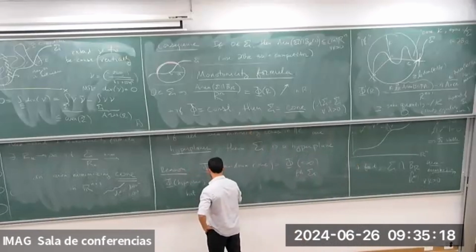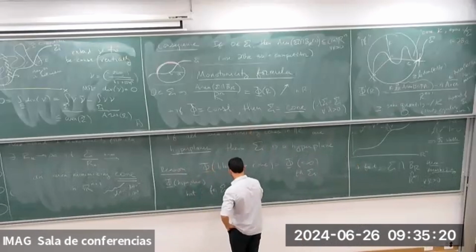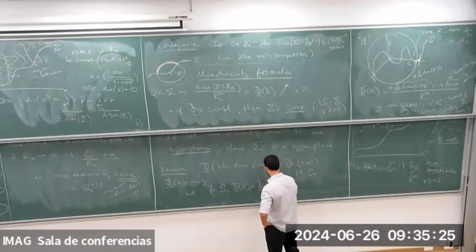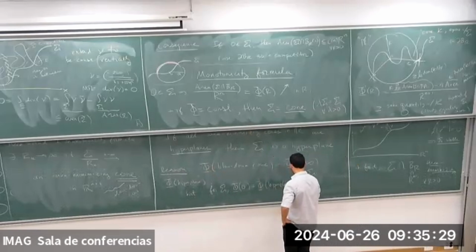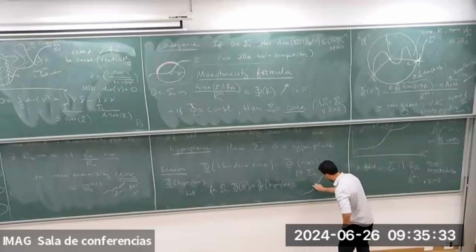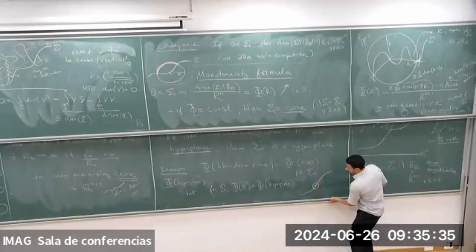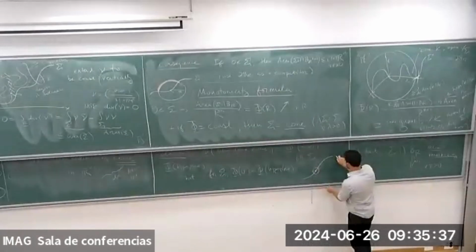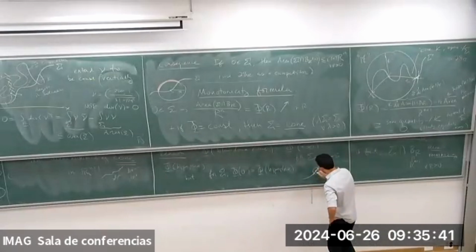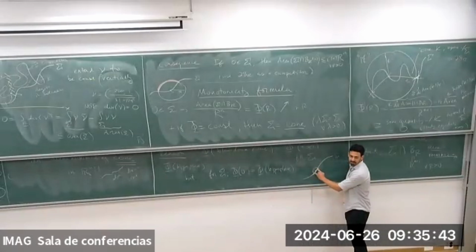But for sigma, phi of 0 is also phi of the hyperplane. The reason is that it's a smooth minimal graph. So if you take a very small ball centered on sigma and you look at its area, it's more or less the same as the area of the tangent plane.